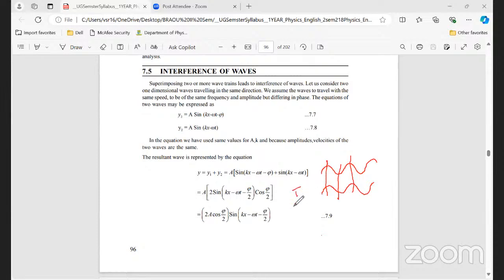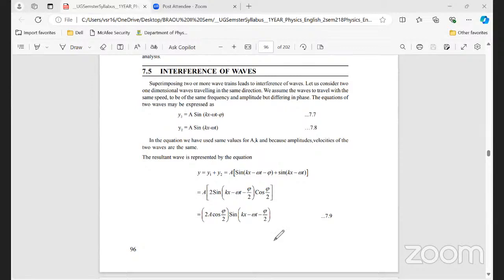This is called in phase. This is out of phase, which gives destructive interference. So when interference takes place, the frequency should be the same, the speed should be the same, they are in phase, and the amplitude is also the same. That is what you need to remember.